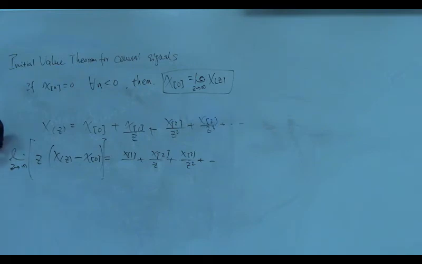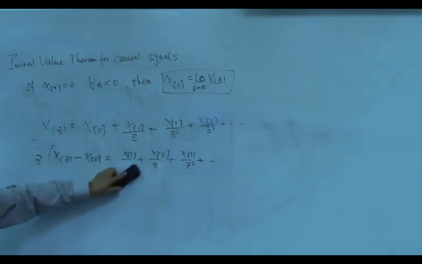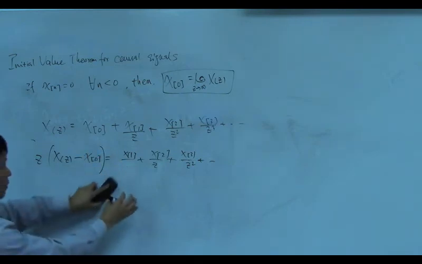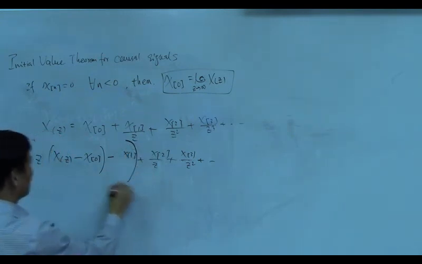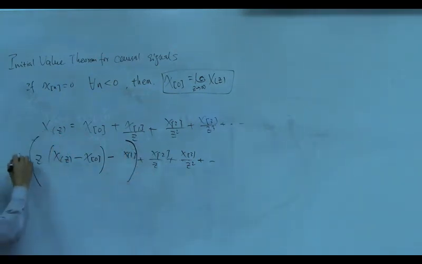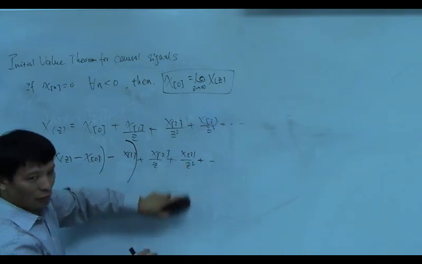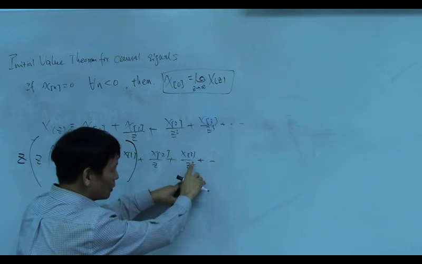Can we find x2? Use the same method, right? Once we find this x2, we have this, right? We move this term to the left-hand side, minus, and so this one is here, minus this here. Then I multiply by z again, and take the limit. This one is only x2, and all these terms will be 0, 0, 0.